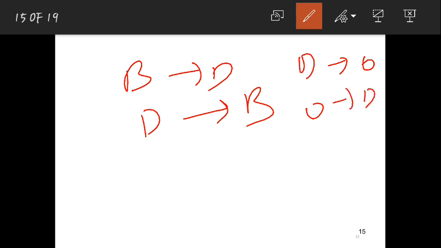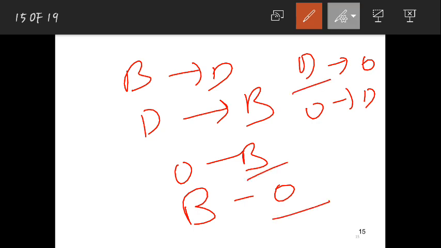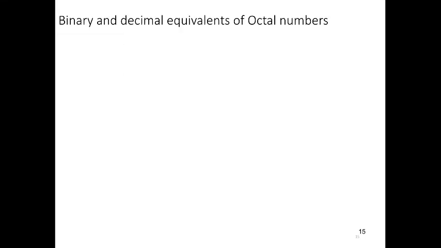Next we have seen octal to binary and binary to octal. These were the only conversions we have seen till now. So in everything, octal, binary and decimal, we have seen the conversions. So we are going to see here binary and decimal equivalents of octal.